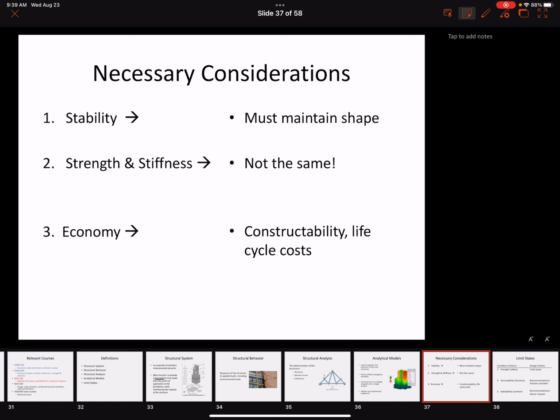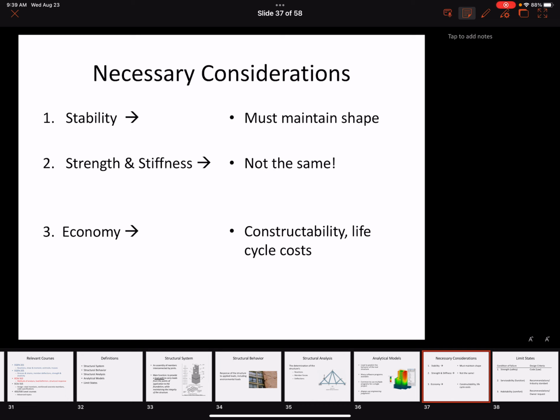Now, last but not least is economy. This is tied to constructability and life cycle costs. There are multiple balancing acts tied to this within structural engineering. One of the obvious factors is material economy: how much do the materials cost?